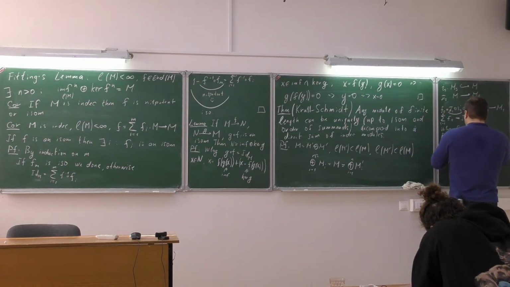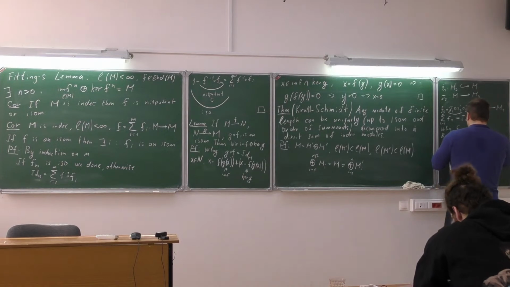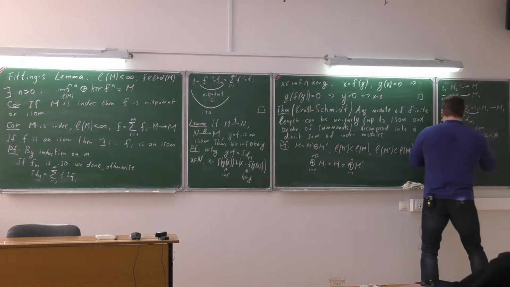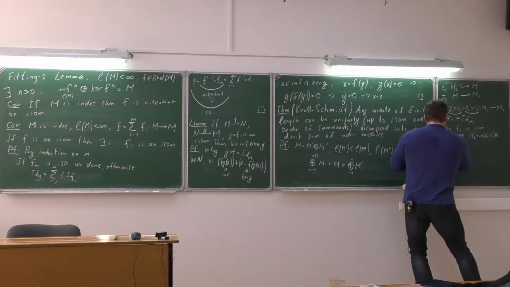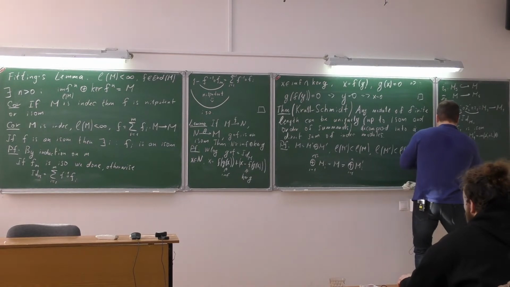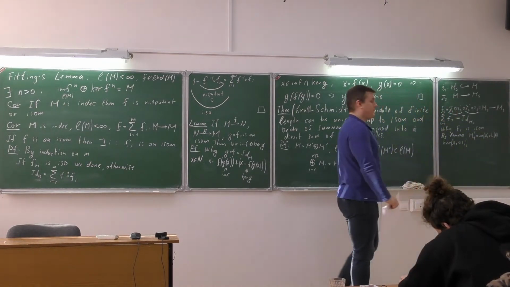So this will be equal to the image of pi_1 prime composed with iota_1, direct sum with the kernel of pi_1 composed with iota_1 prime, by the lemma.